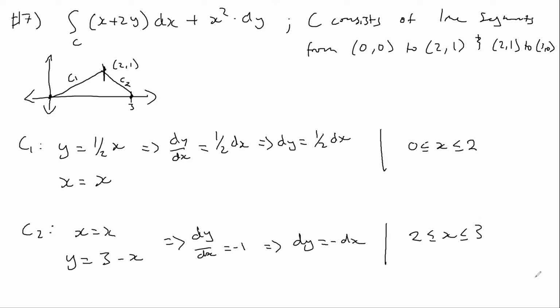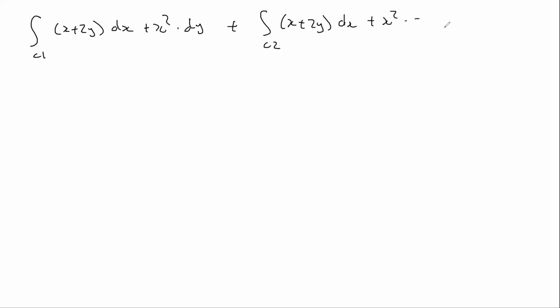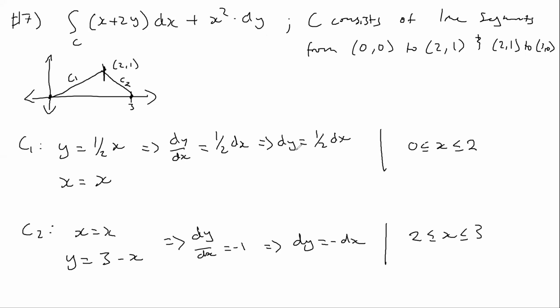All right, so now let's actually get to solving this line integral. I need to set up 2 different integrals, one for C1 and one for C2. For C1, the integrand was x plus 2y dx plus x squared times dy, and we add it to the second line segment with the exact same expression. This is why I single out dy, because I'm going to substitute it back in.